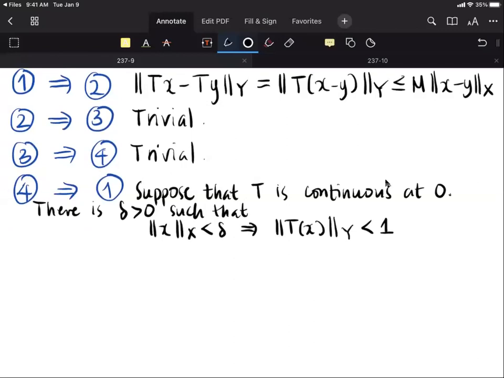So this is merely applying the definition of continuity at a point and taking a particular value of epsilon.